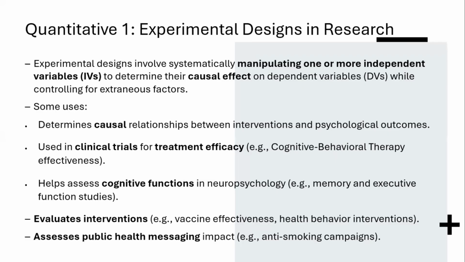So experimental design is where the researcher systematically manipulates one or more variables, and we call them the independent variable. This is what the researcher will manipulate to determine its effects on a dependent variable. And while they are doing that, they'll have to control for what we call extraneous variables. We'll talk about this.